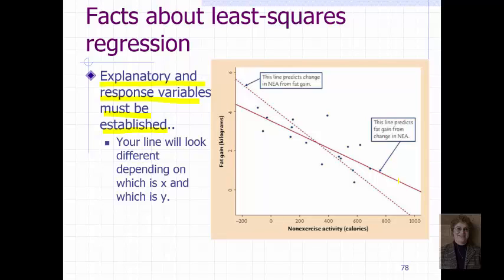That's our solid line. If we flipped the x and y in our calculations, then notice the slope of the line is going to be different. They're going to cross, and right here where they cross is going to be mean of x, mean of y, but the lines are very different. So it's important that you establish which one you're going to use as your explanatory variable, and which one you want to predict.